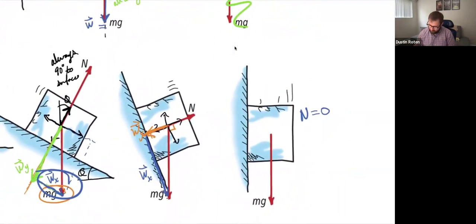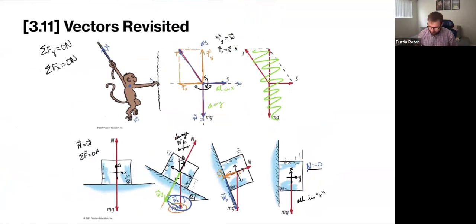If we go back to our original thought here, this is actually now the y direction, because we've turned it a full 90 degrees. So what's happening is all of this is now in the x direction. And since it's all in the x direction, there's nothing in the y direction to warrant having a normal force. That's why it's 0.